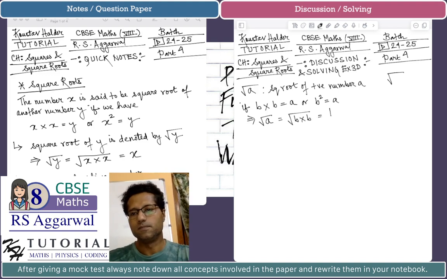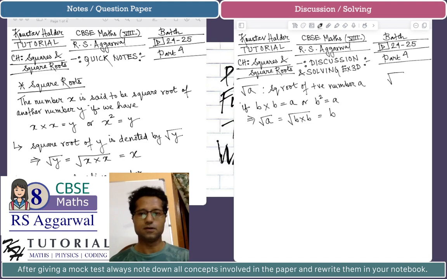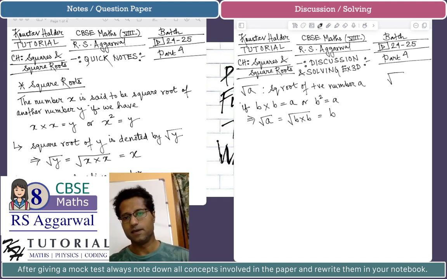So this will be b. So this is the basic idea: the square root of a number a will be another number b, and the number b will be unique, such that b multiplied by b will give a.